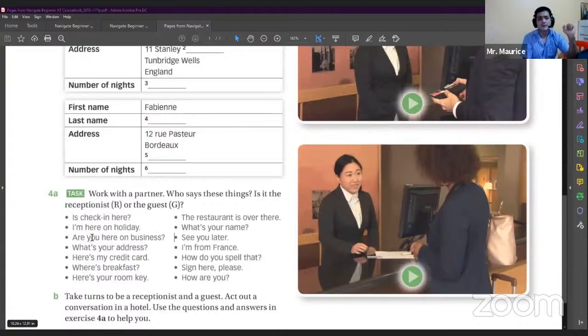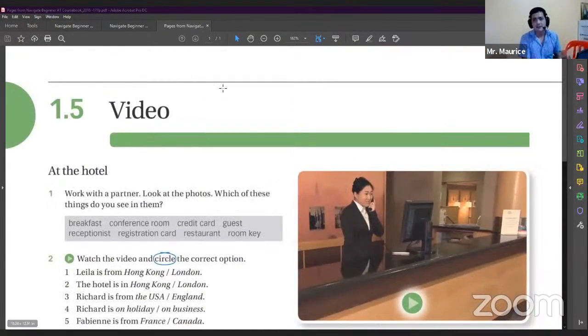Y 4, una vez más, me ve el video y al lado de cada una de estas oraciones me pone la letra R if it's the receptionist o the letter G if it's the guest, el invitado. That's it. Para esta actividad usted va a tener media hora, 30 minutes. Es una actividad calificada en grupo.